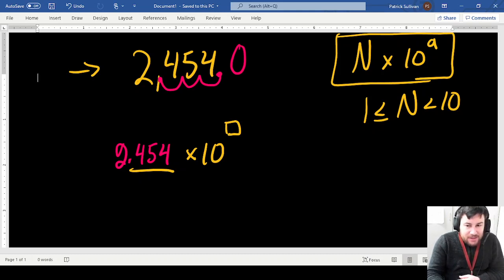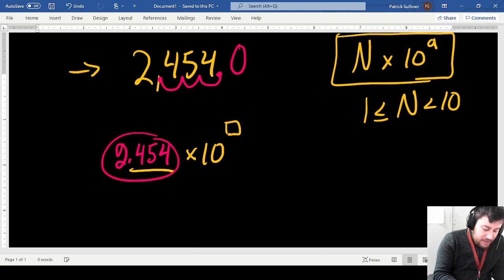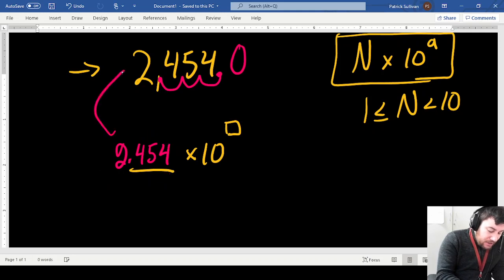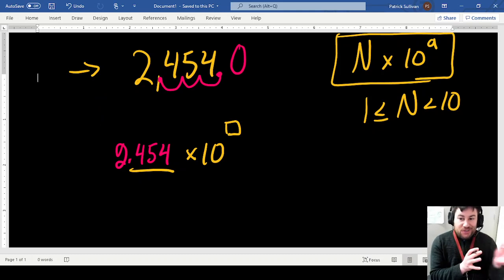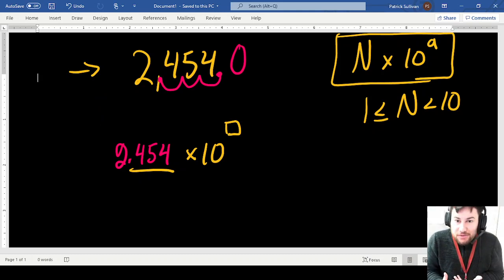Now we need to think about the exponent, what needs to go in this box right here. Well, I'm trying to get this leading number to match the original number that was in standard form. Again, we're not changing the value of the number, we're just expressing it differently.